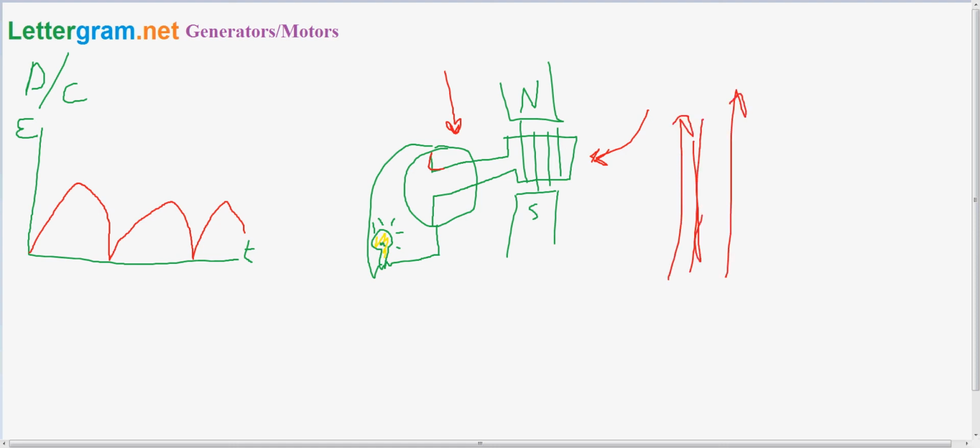So here's the loop that we're talking about in here. Completely parallel to the magnetic field lines, there'll be 0 EMF, so that 0 point is still right here. But since it's always spinning around this circle this way, we're going to have only positive changes in EMF, or only negative. It could also look like this.